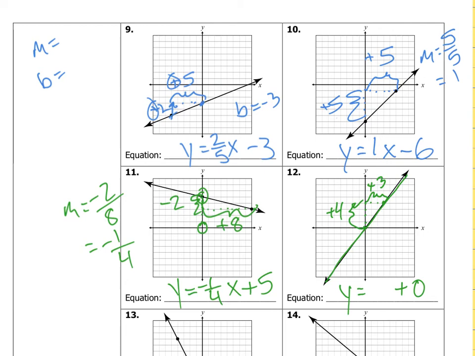Rise over run means I'm going up 4 over 3. Perfect. y equals 4/3 x plus 0. Or if you wanted to, you could just write y equals 4/3 x. Like I said, we don't have to write the 0. That's more of a point of clarification.